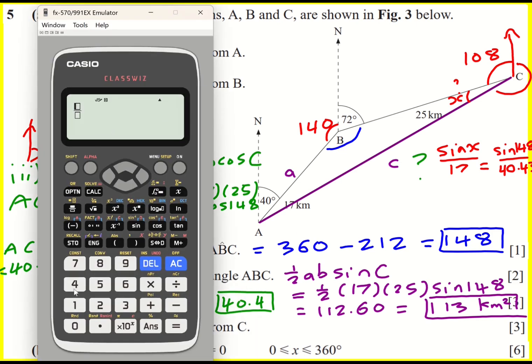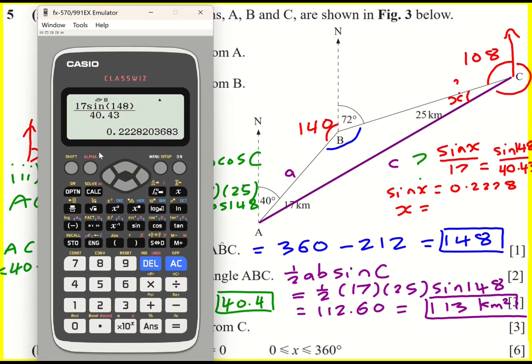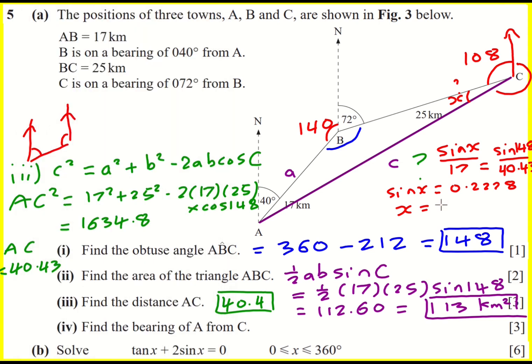Therefore, I can do 17 sine 148 all over 40.43. That gives me sine x. I'll write that down, 0.2228. So x is inverse sine of the answer, which is 12.874.